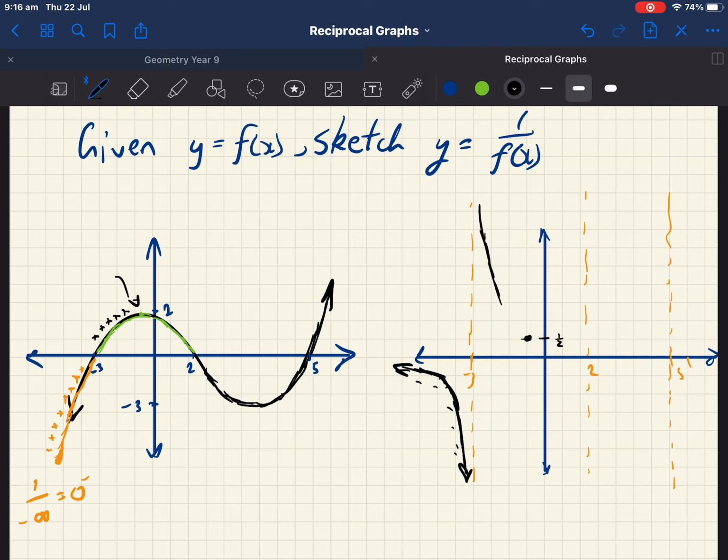It needs to be decreasing, which is why it's coming down to that point. On the other side of that point, we had negative gradients for f of x, which means the reciprocal will need to have positive gradients. It needs to be increasing. So we end up with something that looks like that.